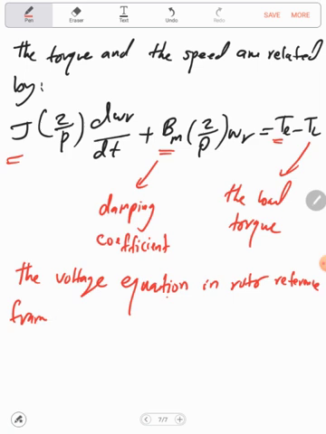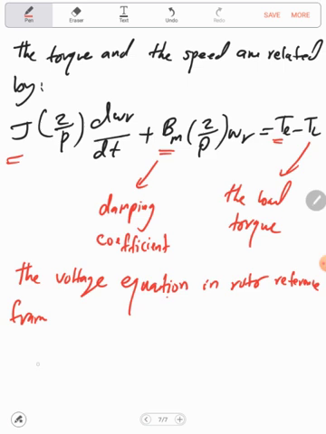Why the rotor reference frame? Simply because this machine is a synchronous machine, and the inductance matrix will be constant if the adopted reference frame is the rotor rotating reference frame.